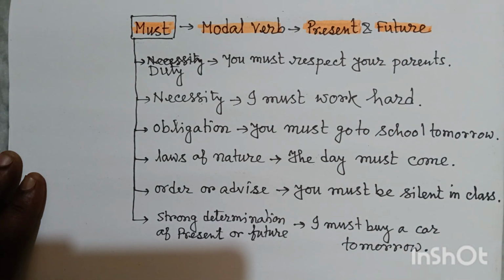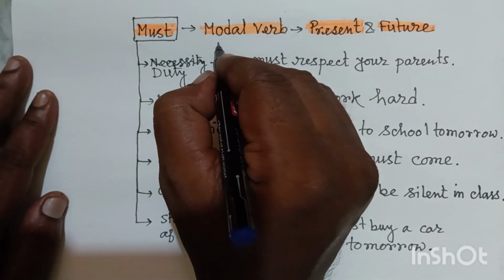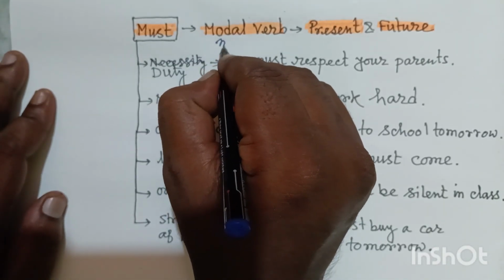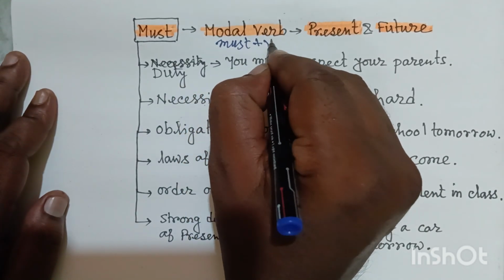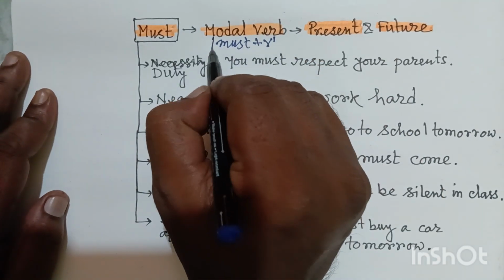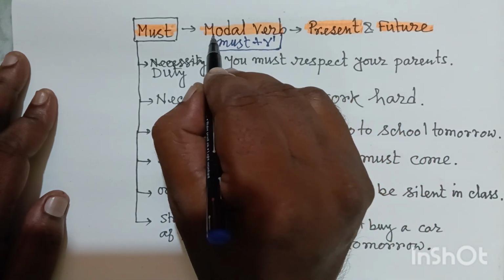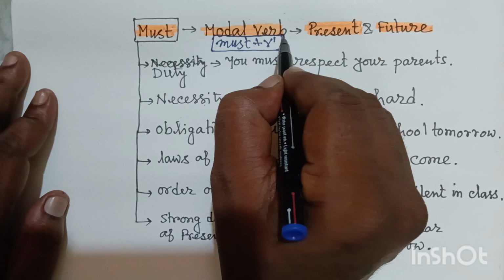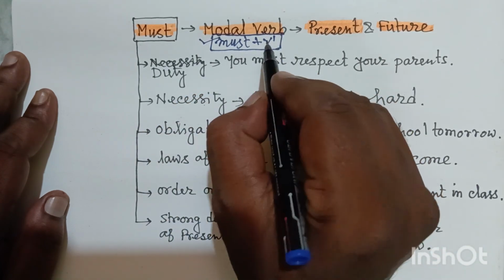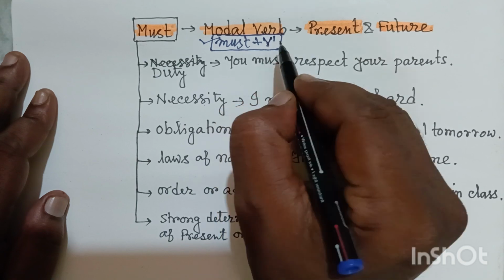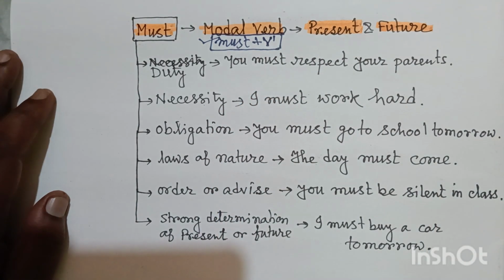Friends, as it is a modal verb, whenever you use must, mind it, after that you have to use the present form of verb. We cannot use any other form of verb after any kind of modal. So must is a modal, so we have to use the present form of verb, V1. That means the present form of verb. Always keep it in mind.